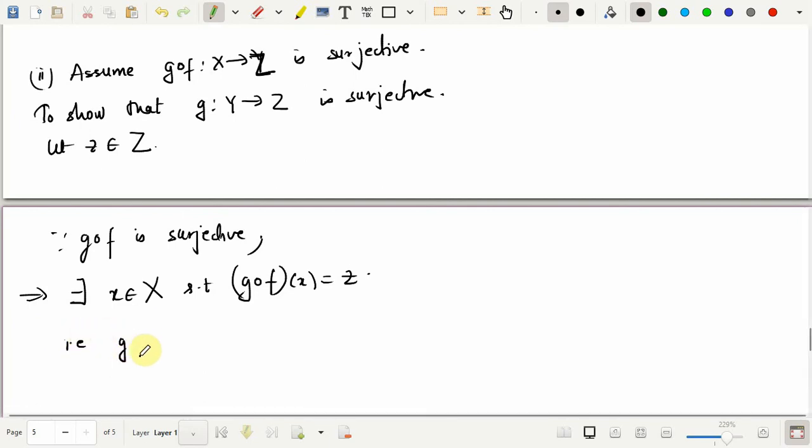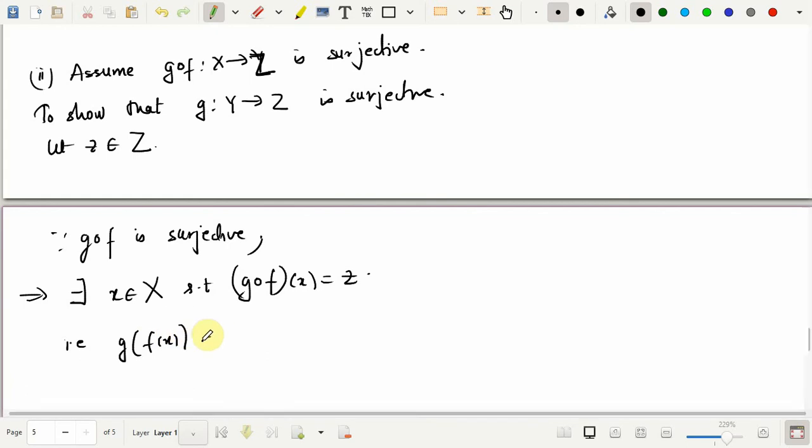So you were in the hunt for a point in Y whose G image is z. Have we got this?